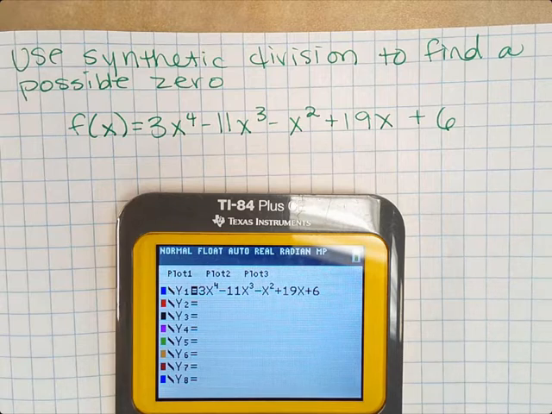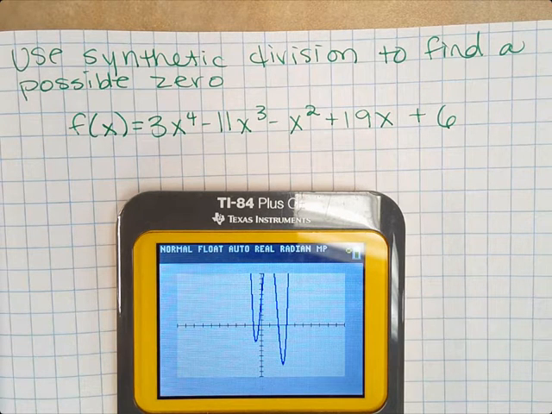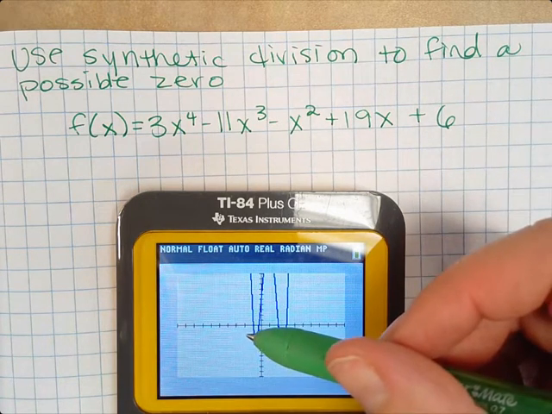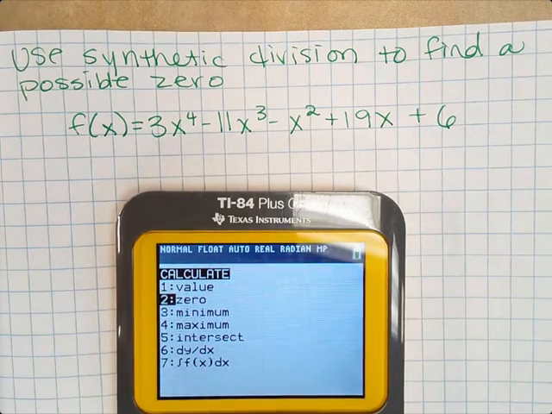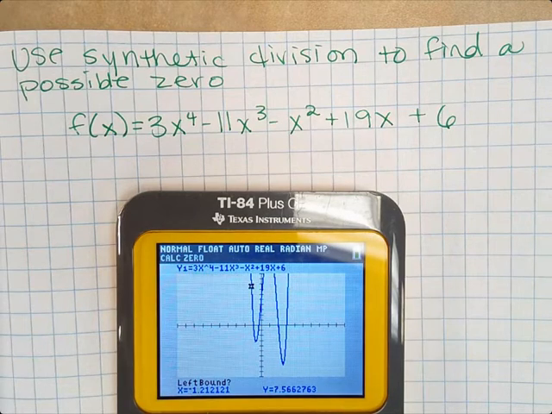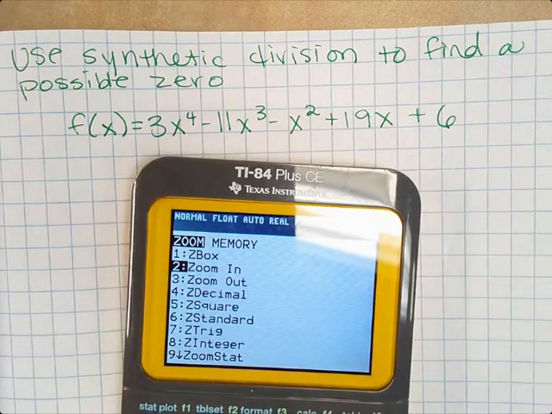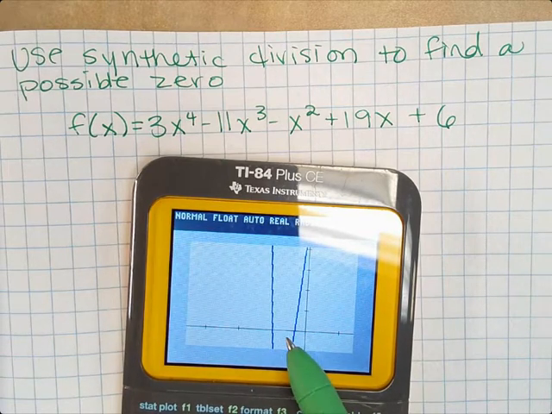Okay, so we're going to go to the graph and see where it crosses. Oh, lots of numbers. So if we go to second calc, find a zero. Well, we could actually just hit trace. What would this one be? Let's see, zoom in a little bit. So it looks like it's at -1.